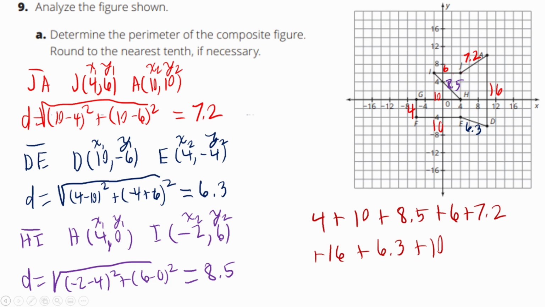So let's plug this into our calculator. 4 plus 10 plus 8.5 plus 6 plus 7.2 plus 16 plus 6.3, finally plus 10, and that all comes together to equal 68 units. So all we had to do was use the distance formula here, make sure we know our units are correct, and we are good to go.